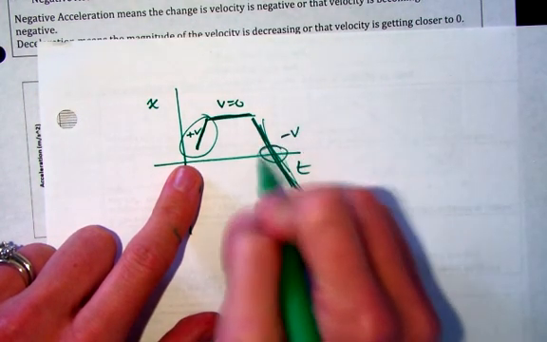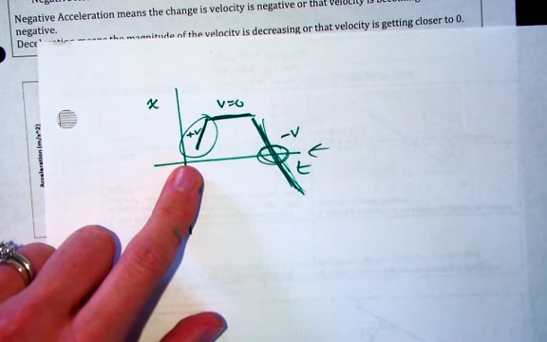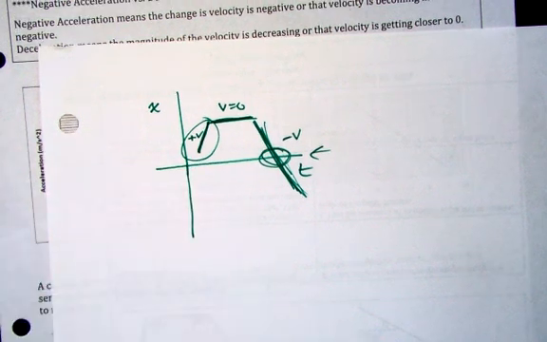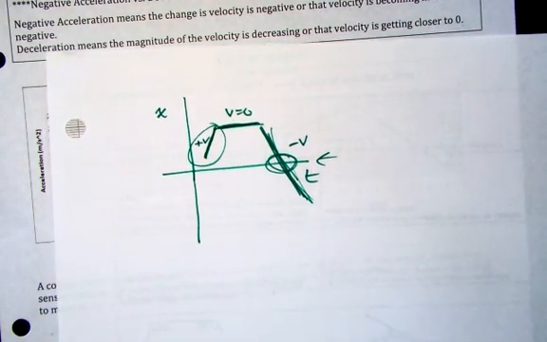What does it mean to be on the x-axis for a position time graph? It just means you're at your starting point, like your initial point. Okay, does that make sense?